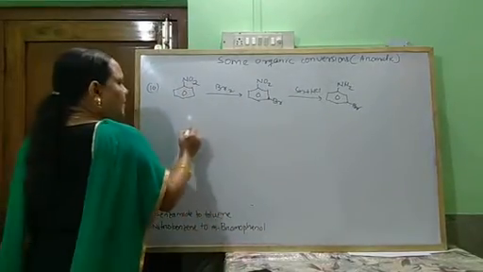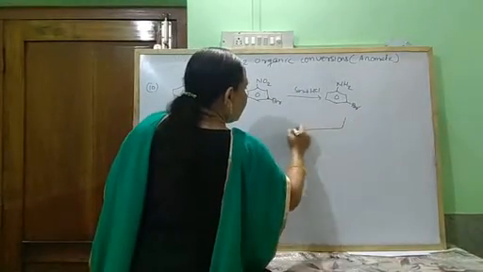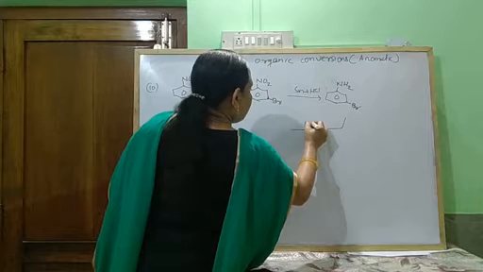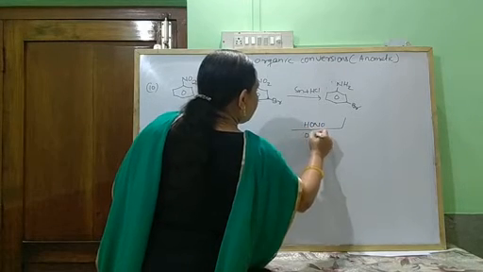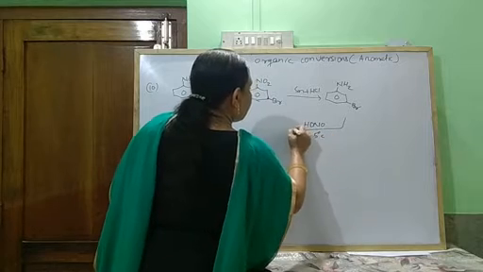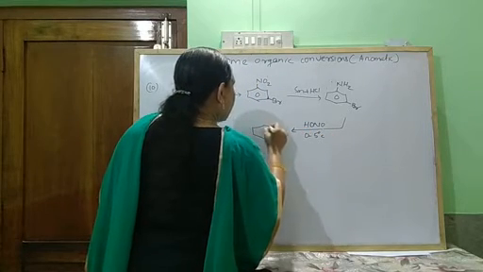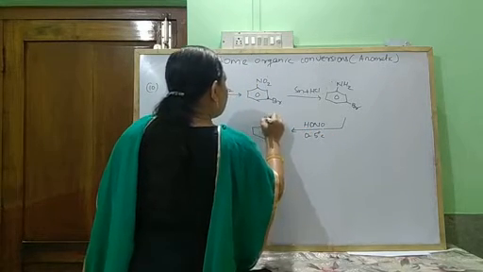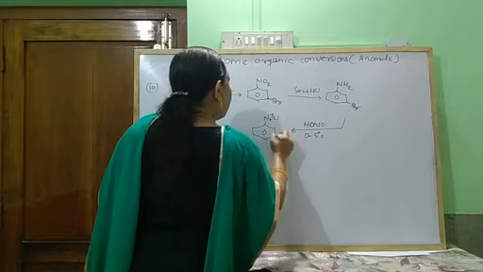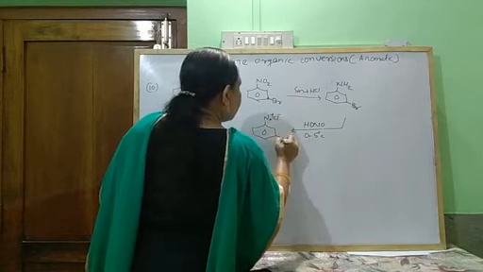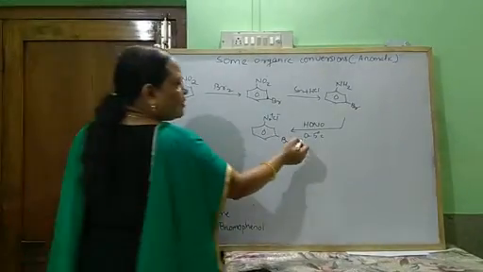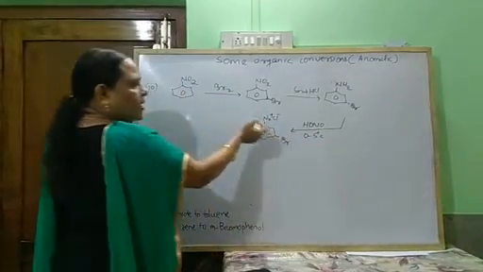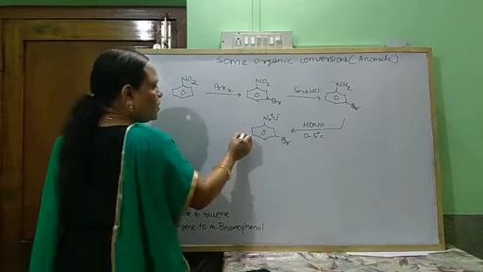metabromoaniline. And this metabromoaniline, treated with nitrous acid at 0 to 5 degrees Celsius, forms metabromobenzene diazonium chloride. If the temperature is increased, it directly gives the OH group.